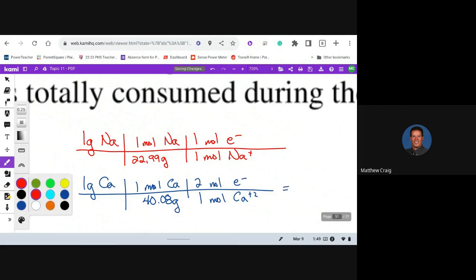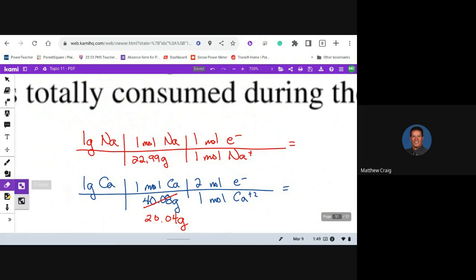Now, you can do the calculation. If I divide this in 2, I get 20.04. Well, let's just find the math. I don't want to mess you guys up. So it's wanting to know how many.